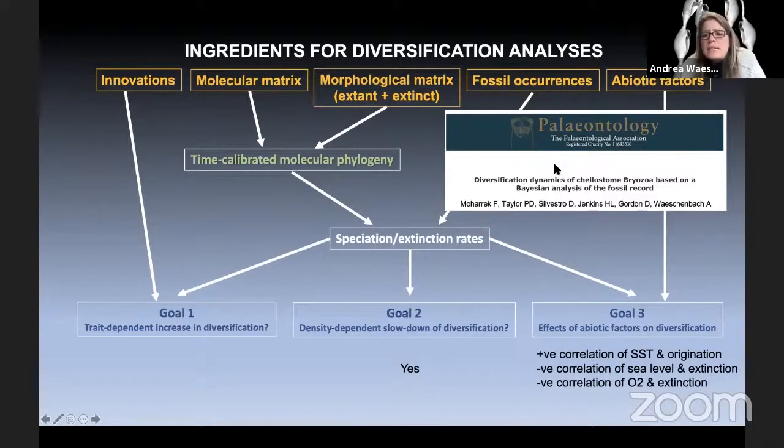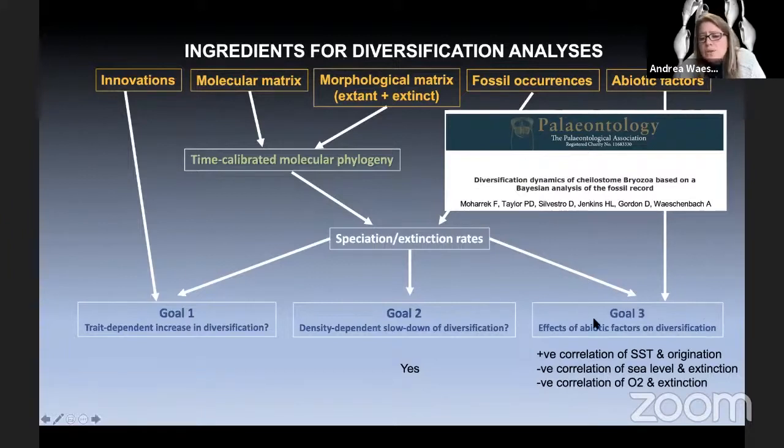So we generated origination and extinction rates based on just the fossil record. And in terms of our goals, we visited those goals in that paper. Goal number 2, we are seeing some evidence for a density-dependent slowdown of diversification.